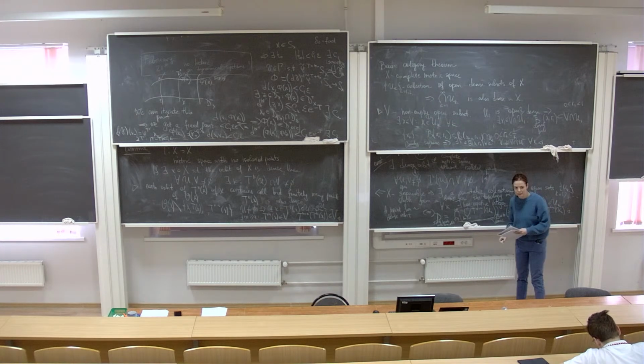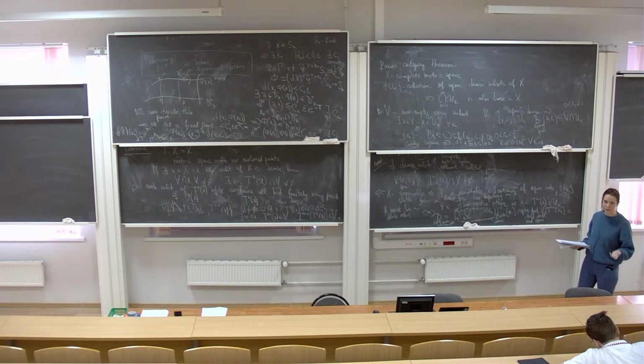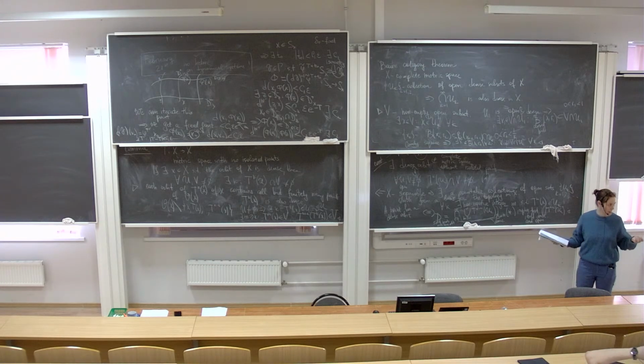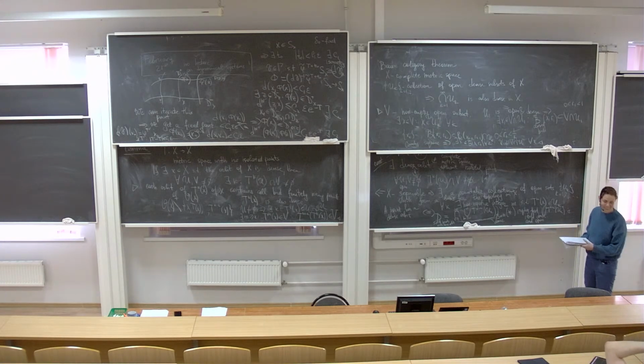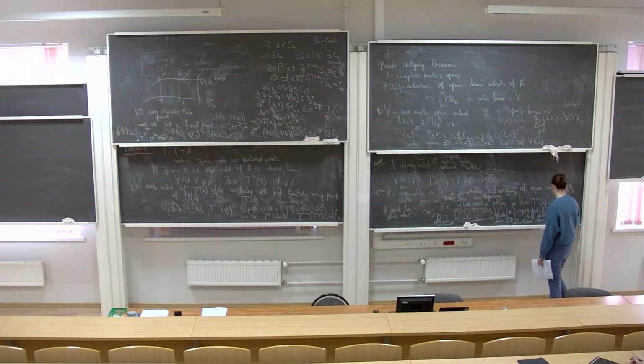But if something is dense, then we can be sure that it is at least non-empty. It's very hard to be empty and dense. So this is more or less impossible, and then it means that D is non-empty. But that's exactly what we want. If it's non-empty, then we can be sure that there is a point such that its orbit is dense.